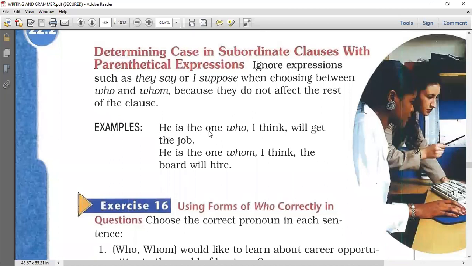He is the one who, I think, between commas, will get the job. He is the one who. He is the one whom I think the board will hire. But here the board will hire him, so I need whom. And in this one, he will get the job, so I need who. Okay?